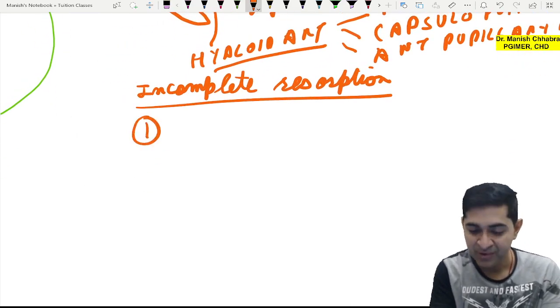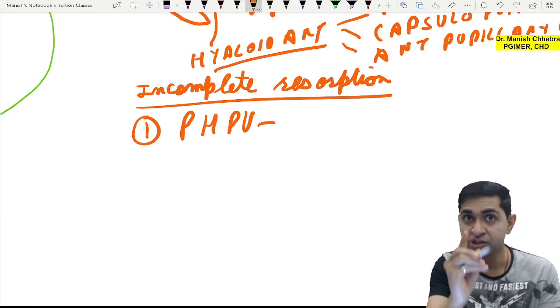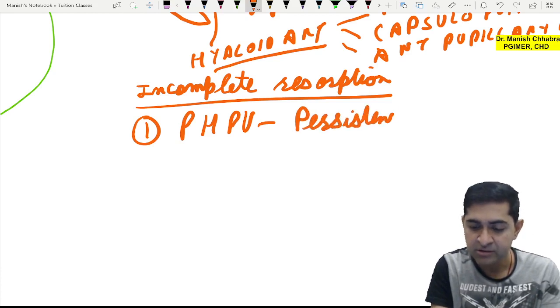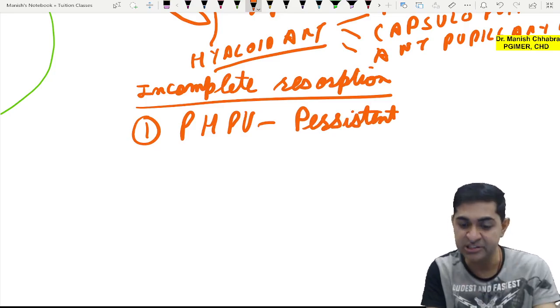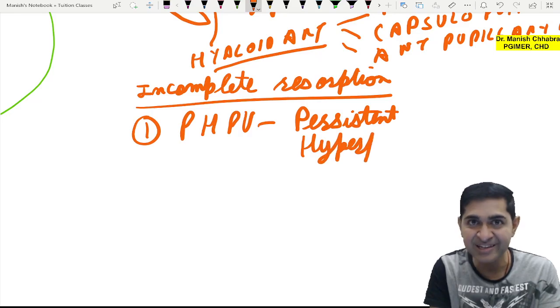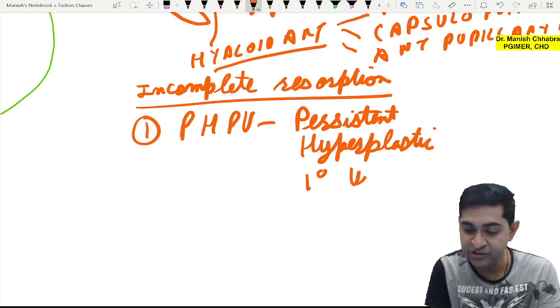One is PHPV, that is a short form which is used, which is persistent, means it is persisting, persistent hyperplastic primary vitreous, P for primary vitreous.